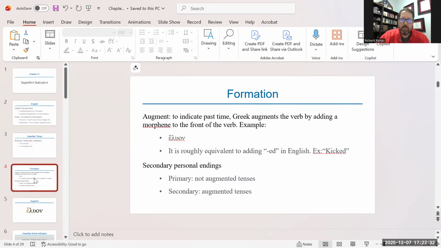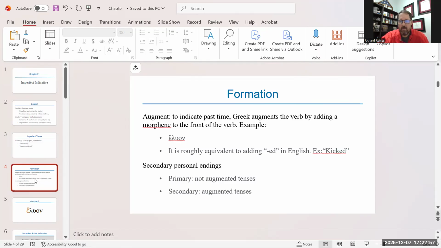So, for instance, if you are reading along and you see eluan, you should recognize immediately, as we talked about in the last lecture, that lu is the root of that verb. So you know it's a verb, and you should recognize that ending.